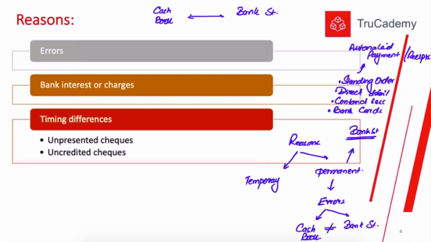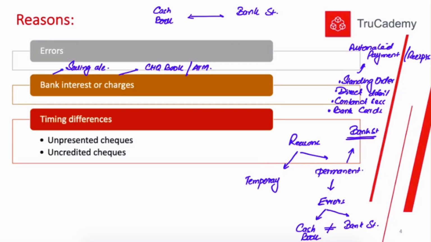Then again, for example, bank interest and charges can be a good example. If we are receiving some interest from a bank on our saving accounts, for example, or if the bank deducted some charges, for example checkbook charges or maybe ATM servicing charges and so on, they will also appear in my bank statement first, and then I need to record it in the cash book.